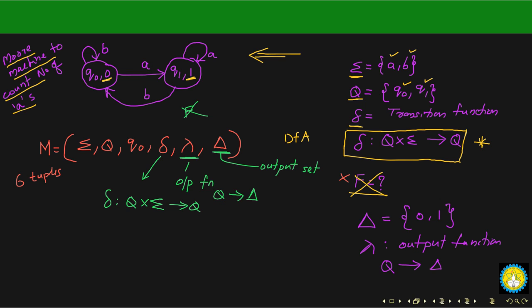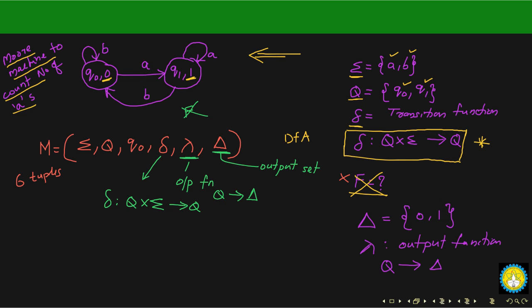This means that from every state, you should have transitions for all the symbols. In this case we have A and B in our alphabet set, so we should have transitions on A and B from all the states.